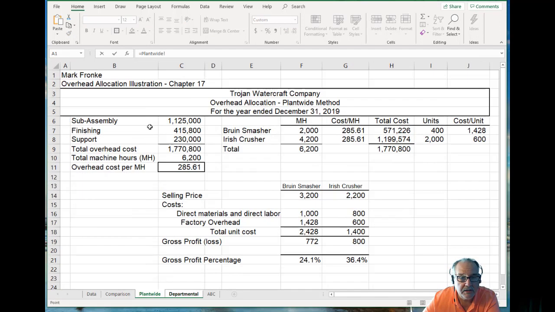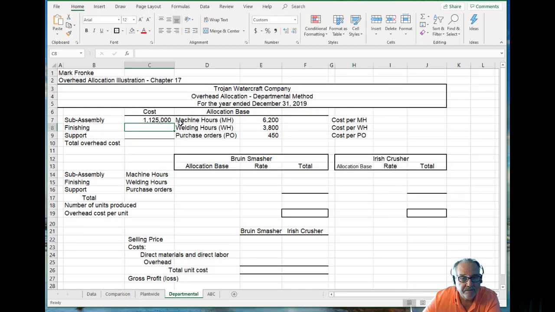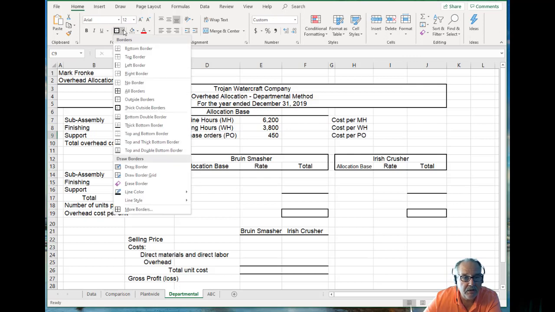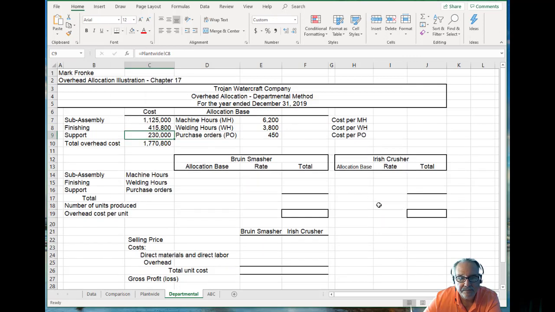I'll just link to my plantwide totals. Same $1,770,000. And then I'm going to divide the cost by the allocation base.